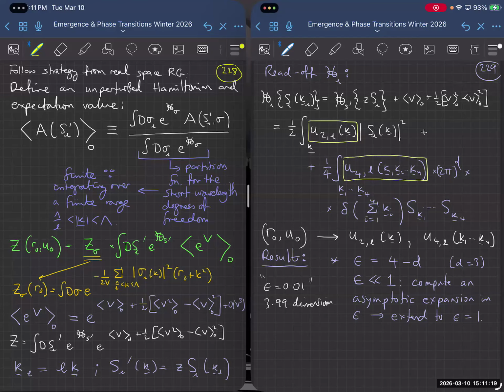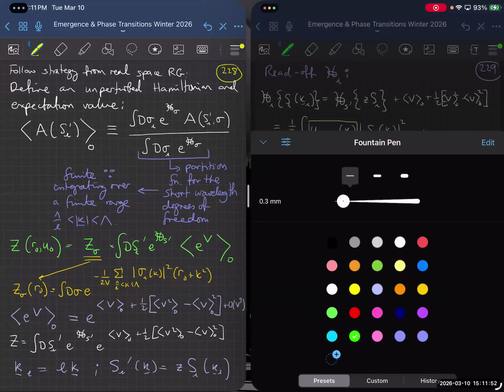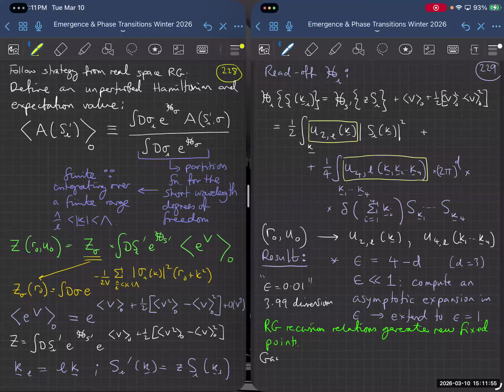And if your epsilon is allowed to be small, then what you find is the following. For this particular case, then, what you find is that the RG recursion relations generate new fixed points. So remember that in Gaussian theory, you have R star equals 0 and U star equals 0.